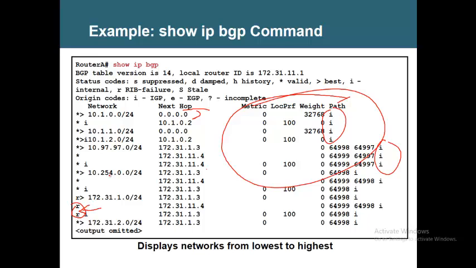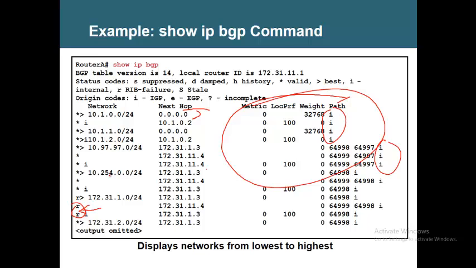The routing table is rejecting BGP's recommendation, BGP's route selection. BGP is selecting a route saying, hey, this is the best route for this destination. But your routing table is not ready to accept it.